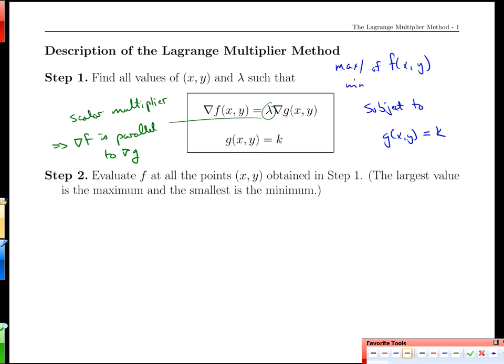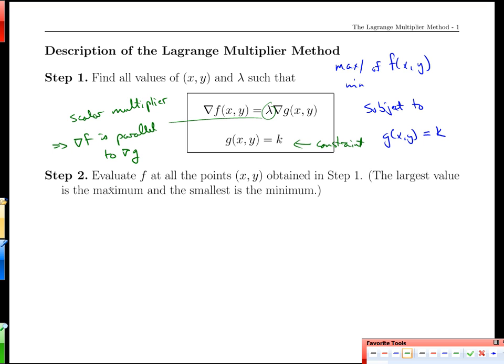So that's going to be our one source of equations, and the other one is simply the constraint itself. So we're going to look for all the x and y's that satisfy this equation and also which satisfy the constraint we were given.